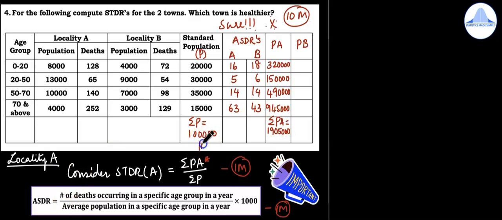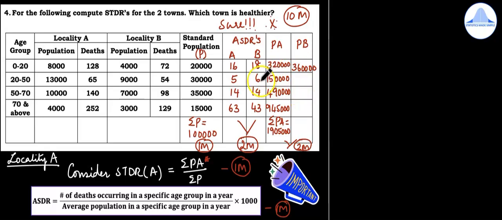So summation P total will carry 1 mark. Then ASDRs for both the localities will carry 1 mark each, so that is 2 marks. Similarly, the calculations of PA and PB will carry 2 marks. So till here it is 7 marks. Let's continue with PB calculation. So PB is 18 into 20,000 is 3,60,000.